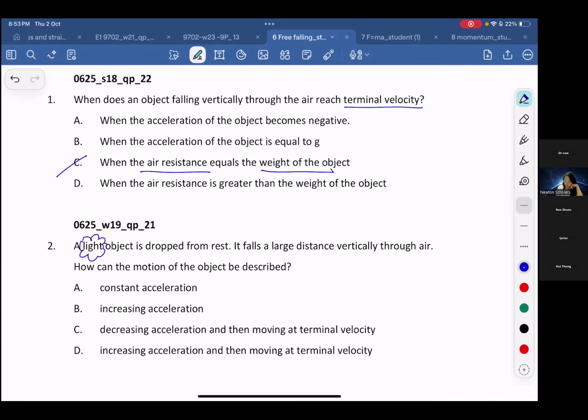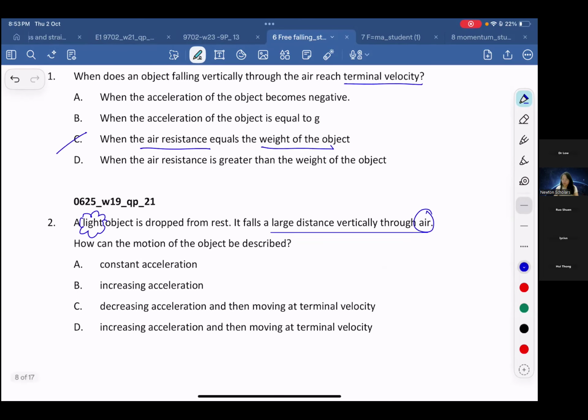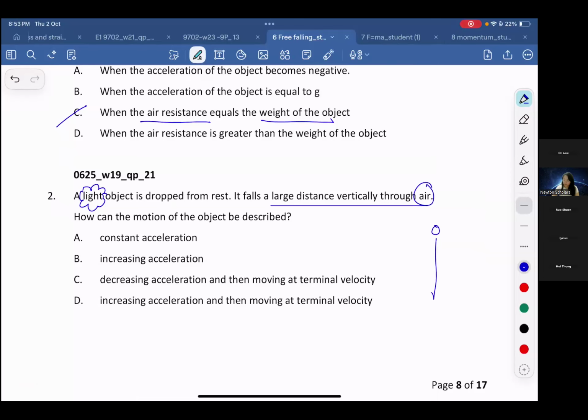Okay, number 2. A light object is dropped from rest. It falls a large distance vertically through the air. So this one we have to consider air resistance. How can the motion of the object be described? Light object falling down. Can you describe its motion? Any of you?